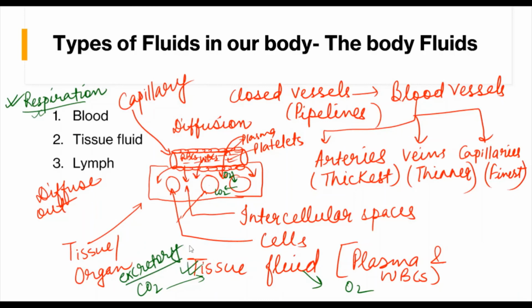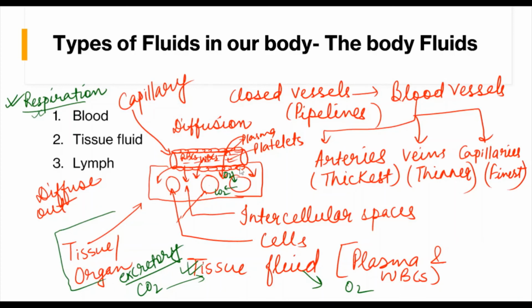Did you understand? It will supply the useful substances to the cells which are present in that particular tissue or organ, and not only that, it will carry away all the harmful or unuseful substances from the cells of that particular tissue or organ where it is present. So this is the role of tissue fluid.